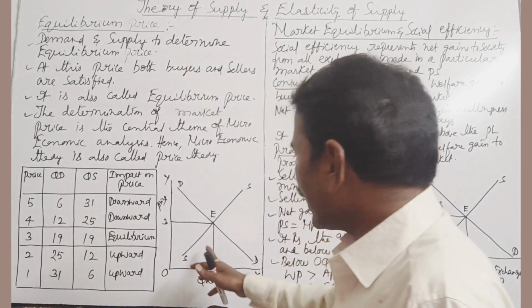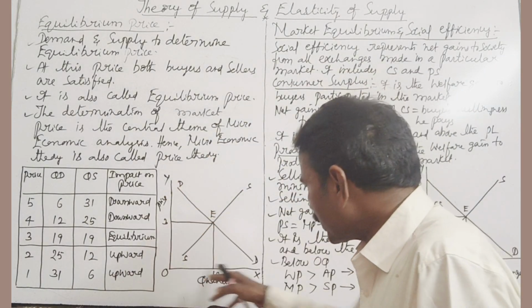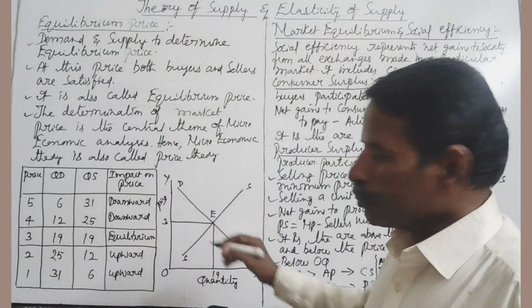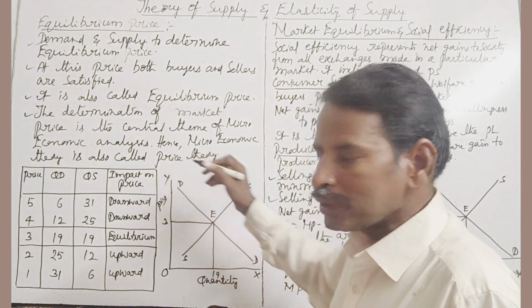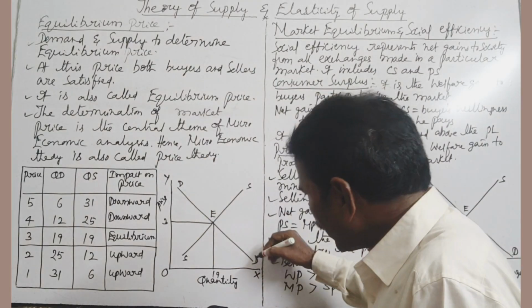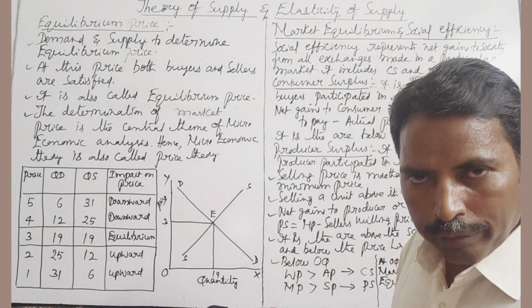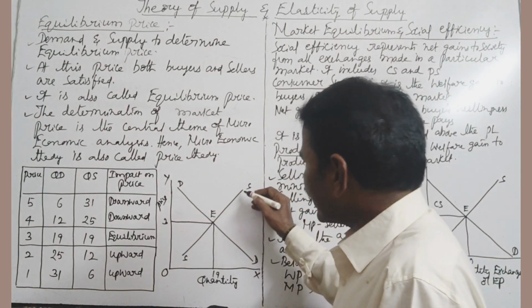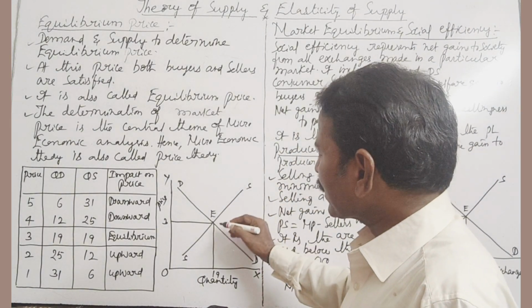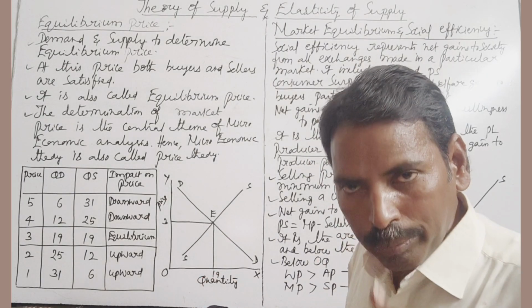If we observe the diagram, draw an L shape and mark Y, O, X. Price is measured on the Y axis, quantity on the X axis. DD is the demand curve, sloping downwards from left to right. SS is the supply curve, sloping upwards from left to right. Both intersect at point E, called the equilibrium point.